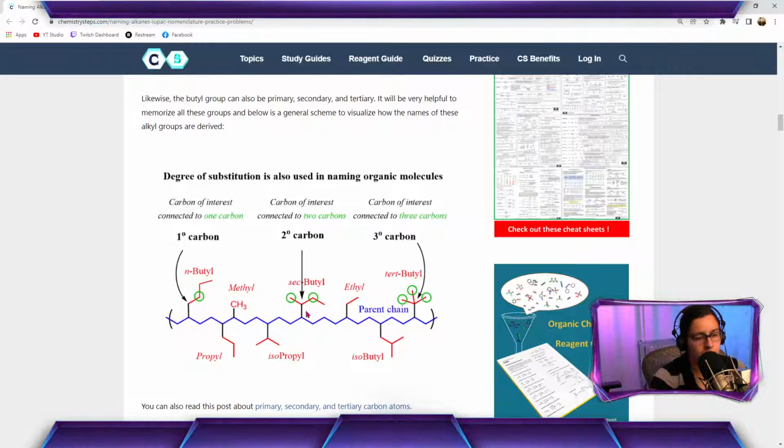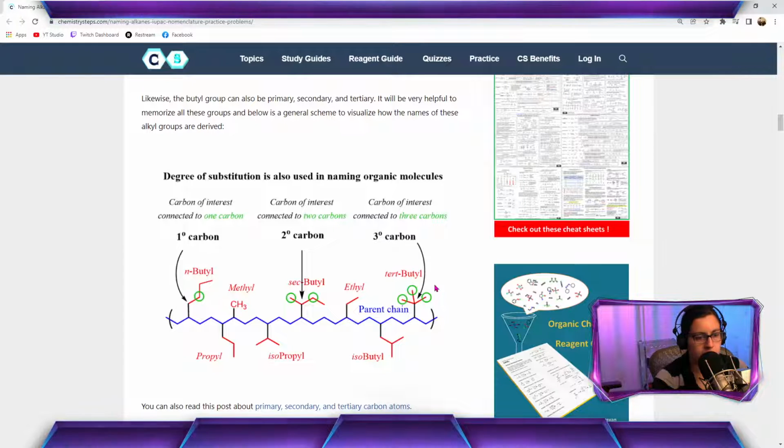Sec-butyl. I don't know that this would come up, but sec-butyl is where it's attached to a second carbon there. So instead of the attachment being here at the first, like with n-butyl, it's on the secondary carbon. There's the ethyl chain there. Here's an isobutyl group, so similar to isopropyl, except we just have that fourth carbon.